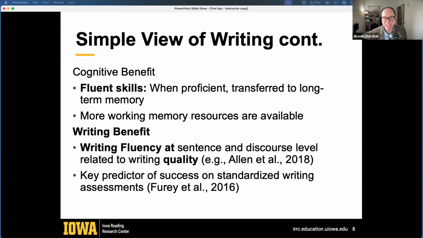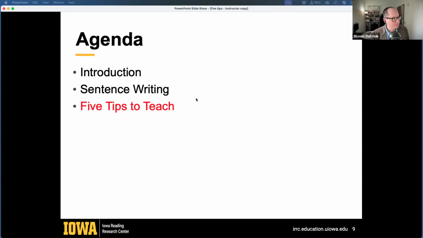And they also tend to be a key predictor of standardized writing assessment. So, if you're an educator, let's say here in Iowa, we would see some correlation between a student's ability to write sentences with some fluency and their overall score on the statewide writing assessment.